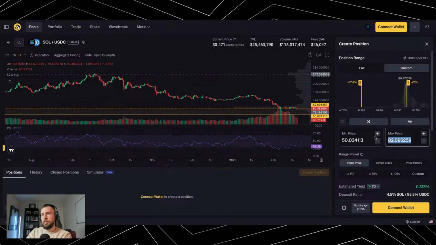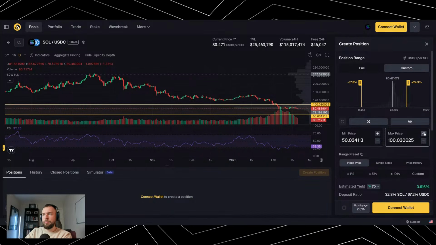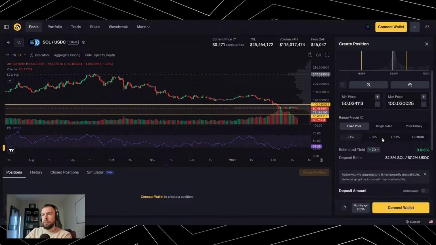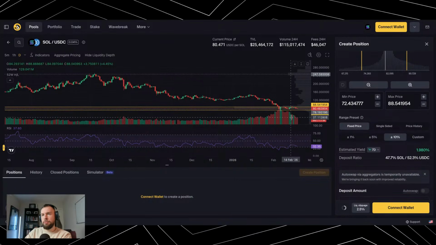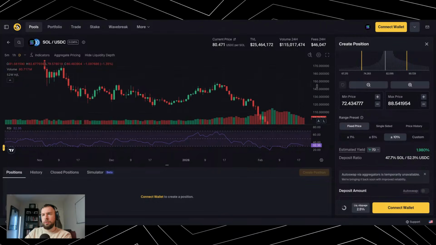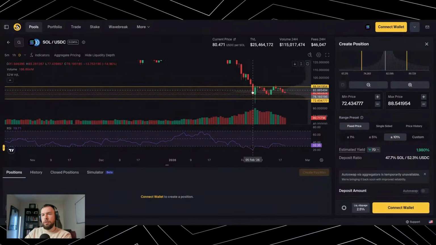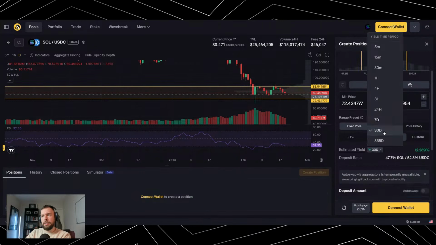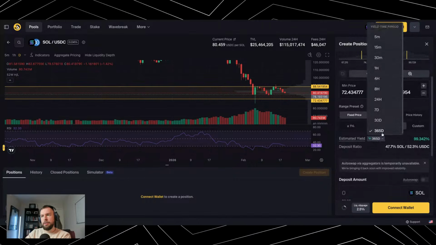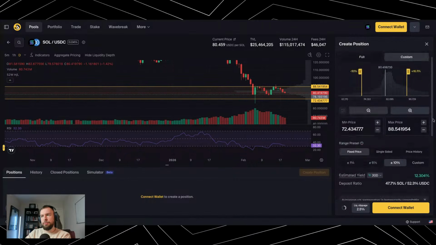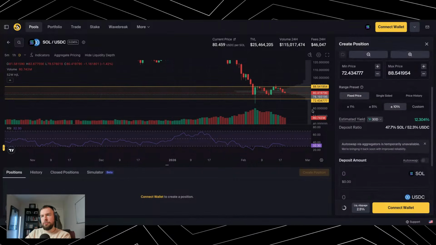So you can see on here, if you had a 10% range on Solana, it's been in this range now for 2 weeks, and it's only 98% APR, which is about 12% a month in this range.